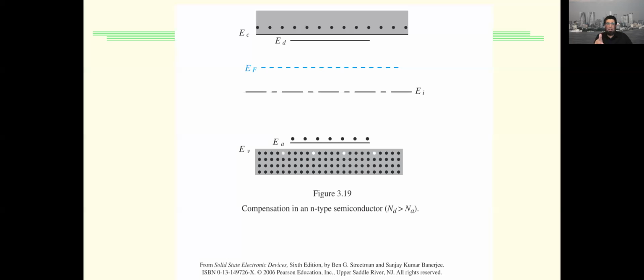So, for example, the donor levels from group 5, column 5, are about 0.01 electron volts below the conduction band for germanium. And if we talk about the acceptor levels, they are also of the same order, very close to the valence band, 0.01 electron volts.